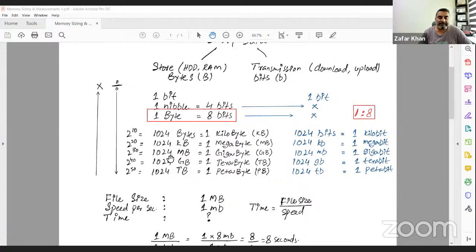But that particular SI system is based on the denary number system, decimal number system, or base 10 number system, whereas the binary number system is based on binary or base 2. So for base 2, it is 2 to the power 10, 2 to the power 20, and 2 to the power 30, whereas in base 10, it is 10 to the power.